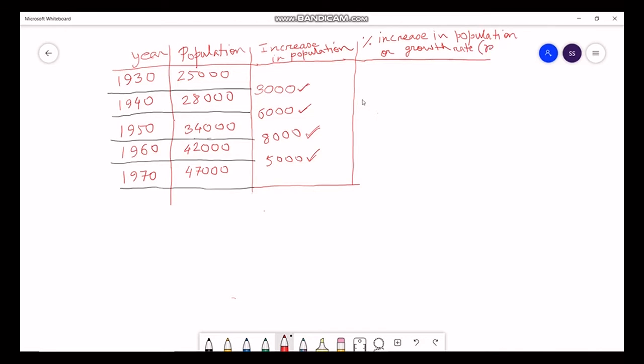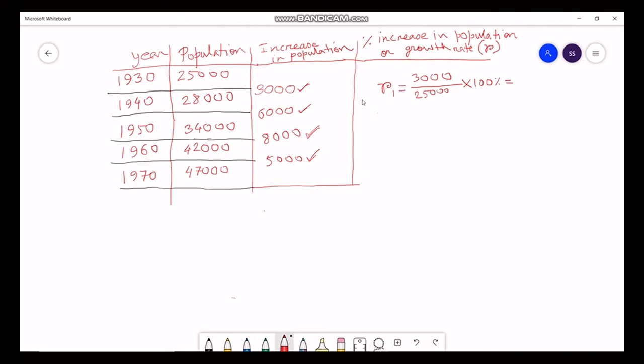It can be denoted by R. So R1 is calculated by 3,000, that is the population increase between 1930 and 1940, divided by the population during 1930, that is 25,000, and making it a percentage, we multiply this by 100%.